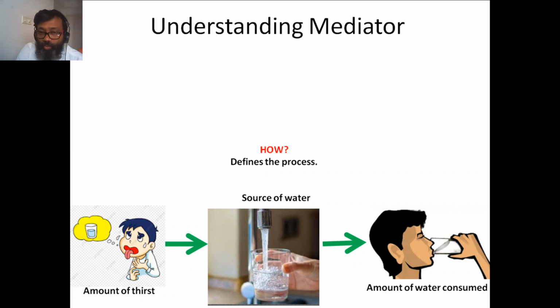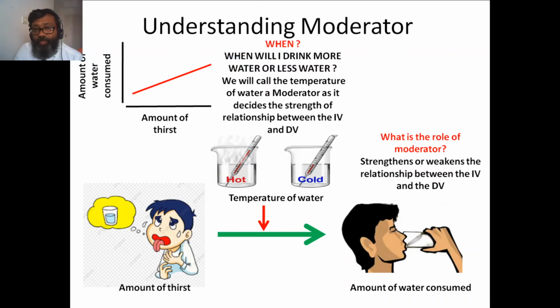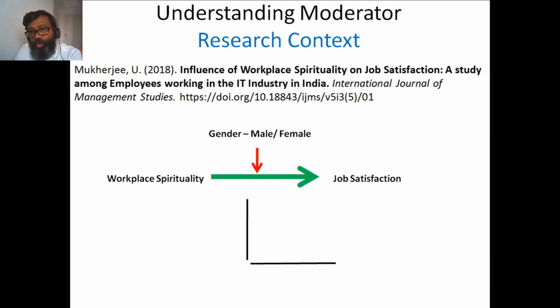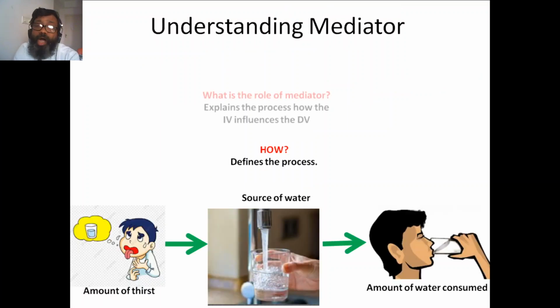I go back once more to tell you something interesting here. Just understand this part. In case of moderator, I told you this is when I will drink more water or when I will drink less water. So moderator talks more about the when part of a research question. On the contrary, when I am talking about mediators, I am talking about the how part.